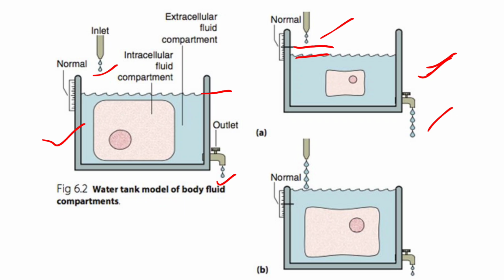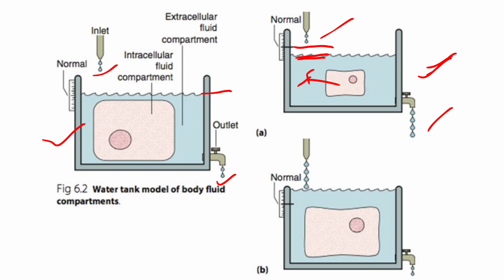This is the normal level and this is the water level in dehydration. So it shows the ECF volume has decreased. Because of excessive water loss, ECF decreases. Because of this, there is increased osmolarity of the ECF, which draws water from inside the cell. Because of this, the cell shrinks.